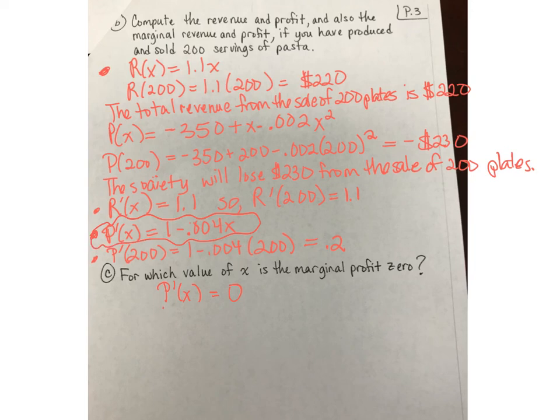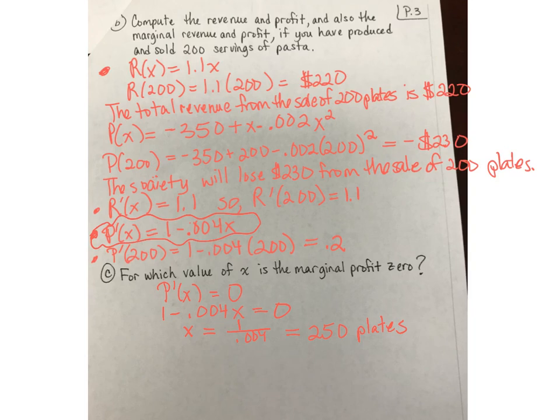So 1 minus 0.004x is 0, and we solve for x, you get x is equal to 1 over 0.004, which means x is going to be 250 plates.